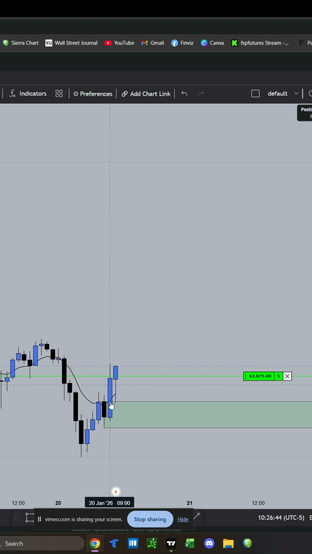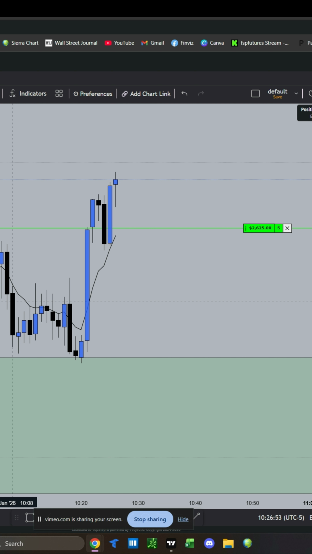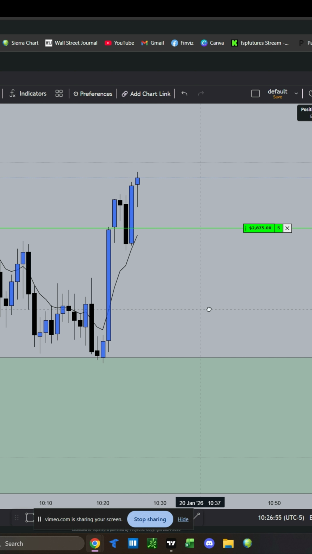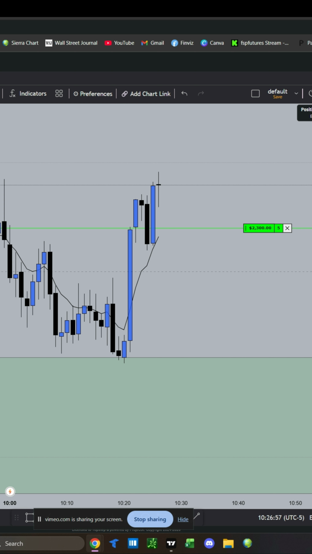We had a base, we rallied, and price came back to retest that demand. If we go into a smaller time frame, we can see where price came back and retested that demand.